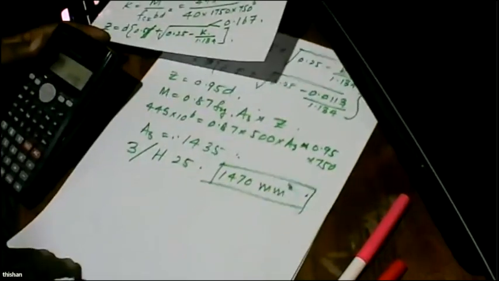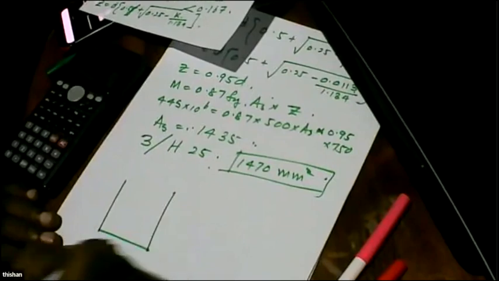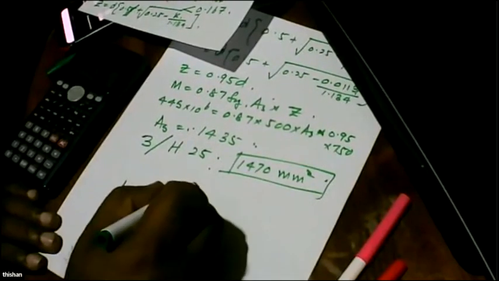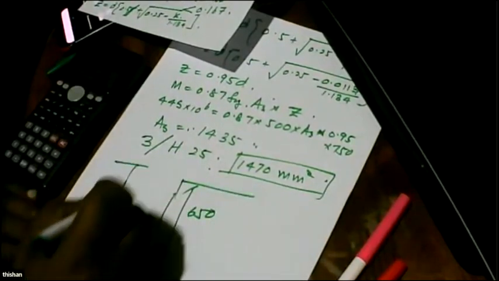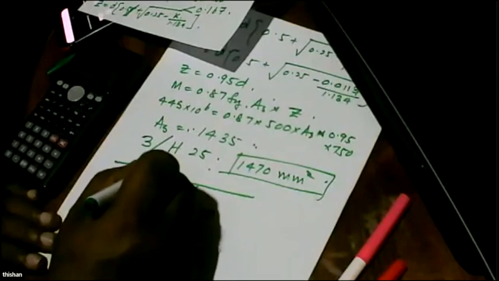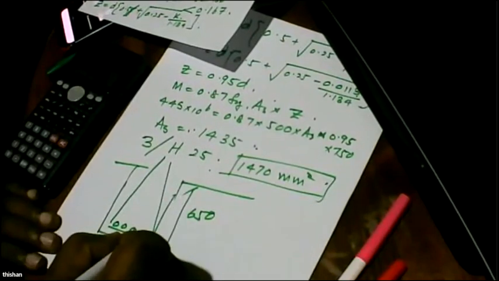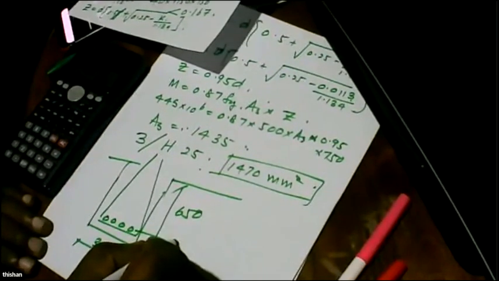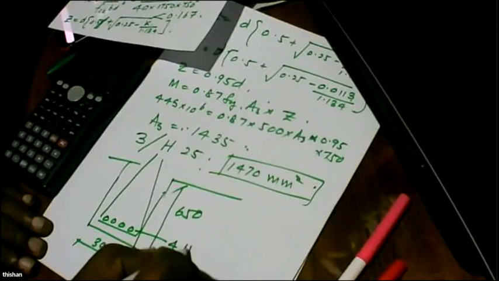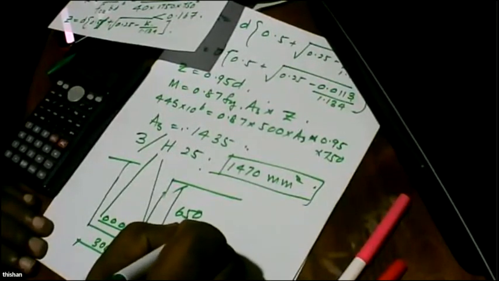Right. So now we are going to have the beam 300 wide, 650 deep, having links like that, and one bottom layer. Or we can even change it, 4 numbers of H25 plus 3 numbers of H20.